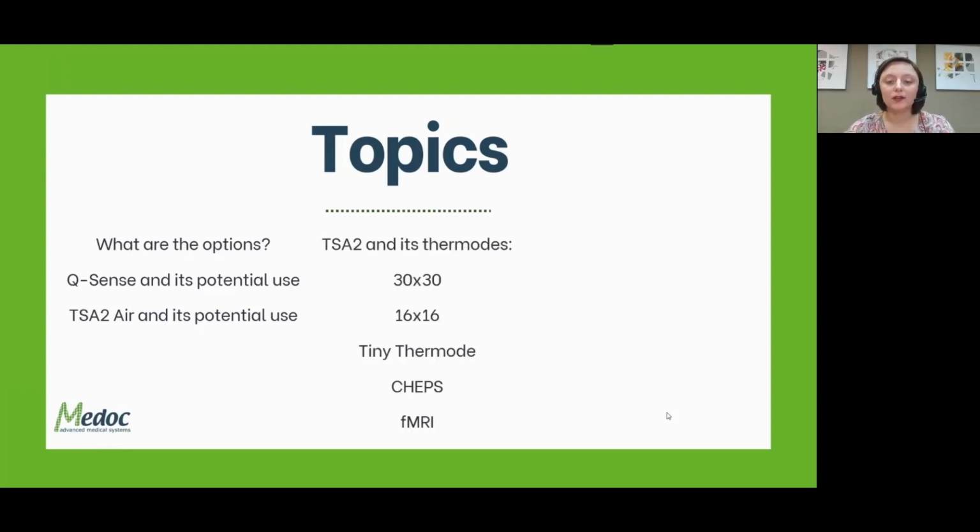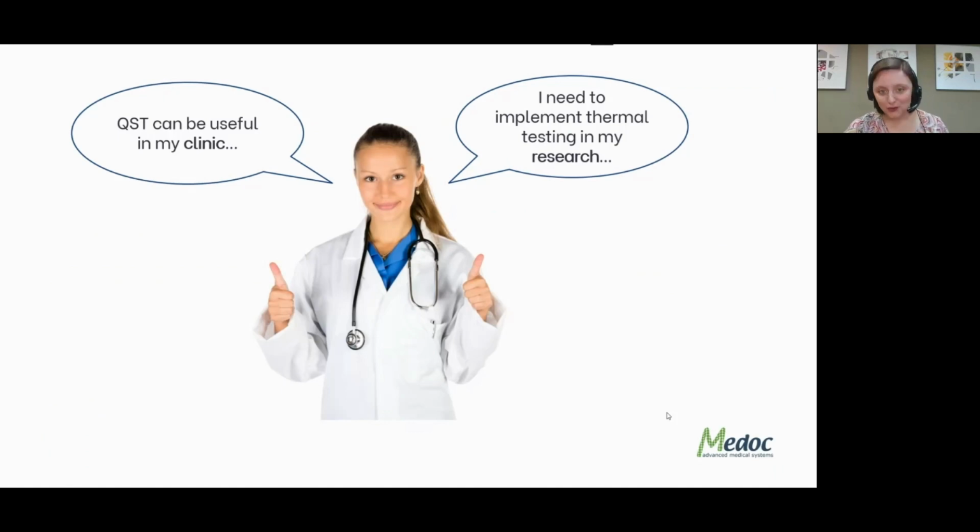Then we will go to the TSA2 device and dive deep into the different options that this device has to offer, and talk more about the different types of thermodes and different types of stimulation surface they have, and other technical differences, and which one should be more suitable for which application, which use. And then we will summarize and have some decision supporting tools, some questions that may guide you when you are making this decision.